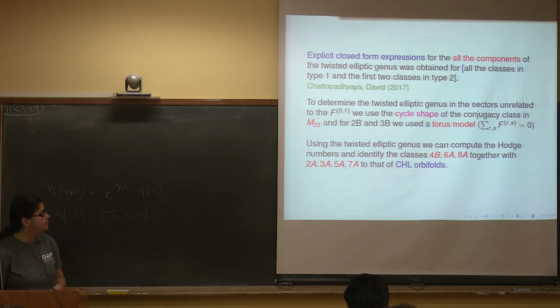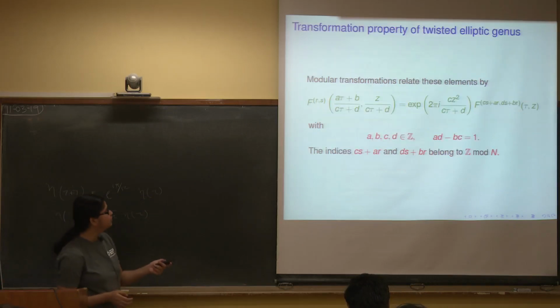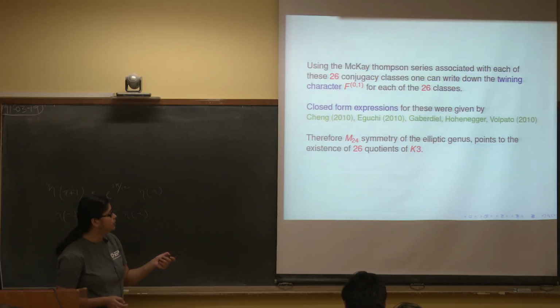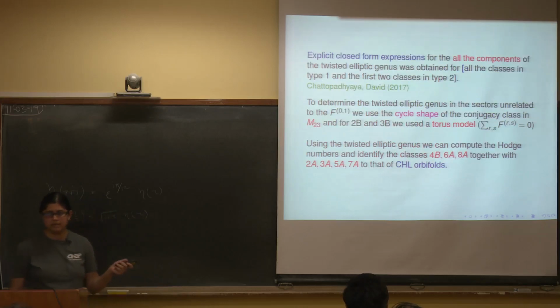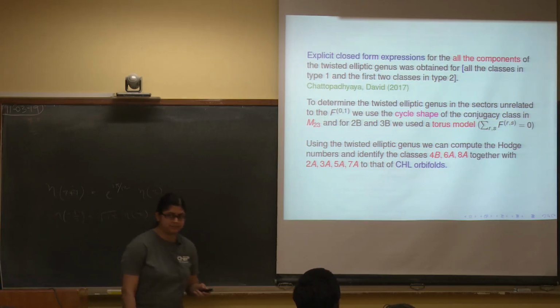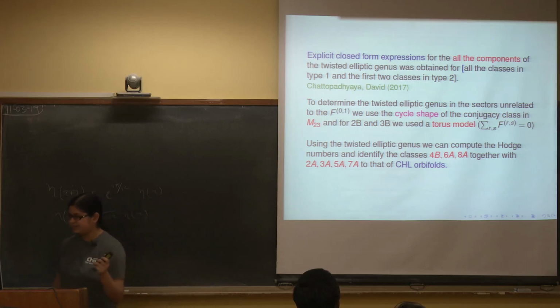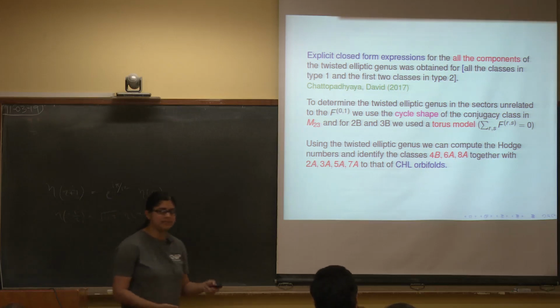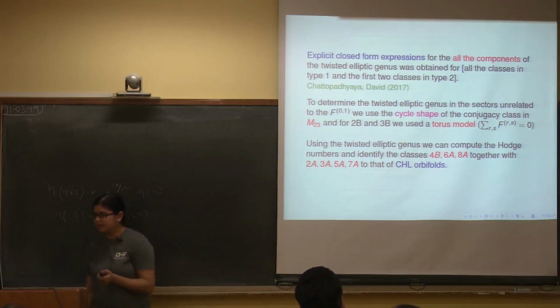And for 2b and 3b, which were the other two, of order 4 and 9, we could not use the cycle shape, but there is a model called the torus model. If you sum over all the twisted elliptic genus, it becomes 0. It's something called quantum symmetry, I guess. And for the 2b, actually there is an explicit construction of the F01 by CFT. It was done by Gaberdiel in 2013.